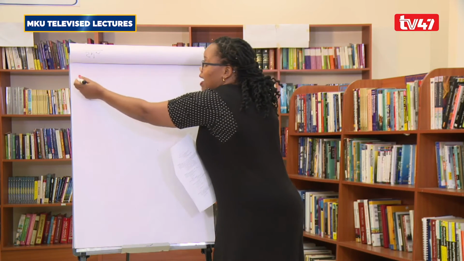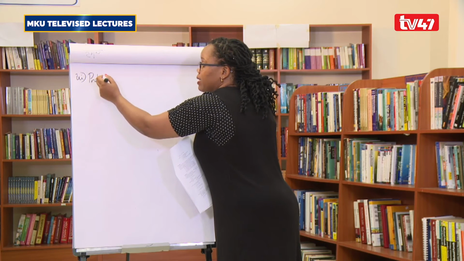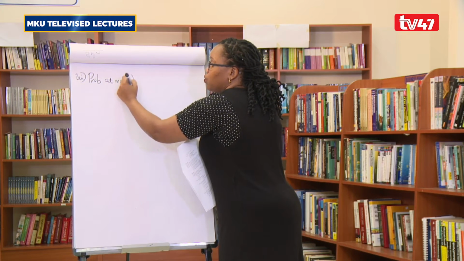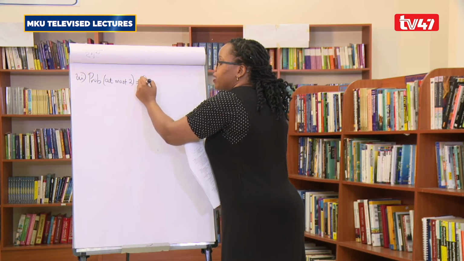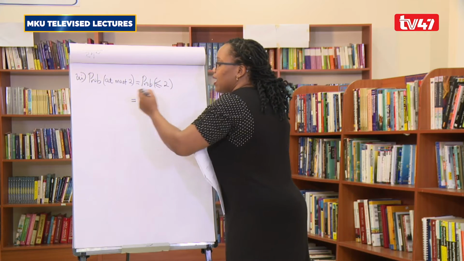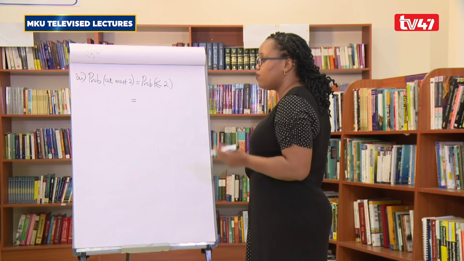So the third probability of interest is looking at the probability of at most 2, which is the same as the probability of less than or equal to 2, which means all values before 2 and inclusive of 2.